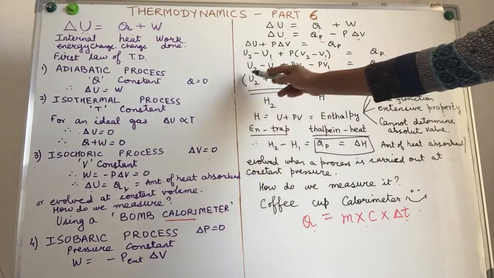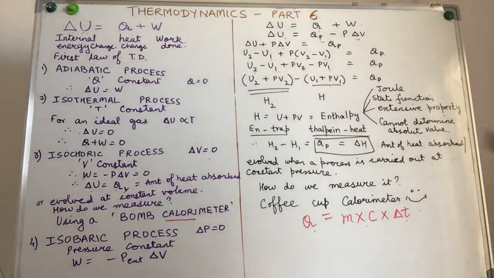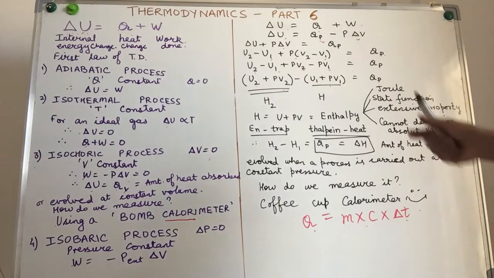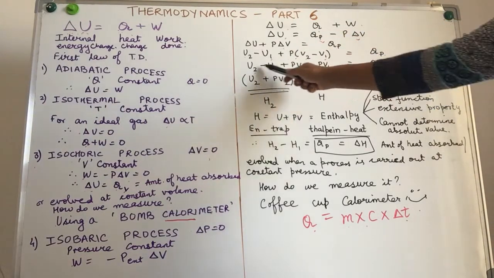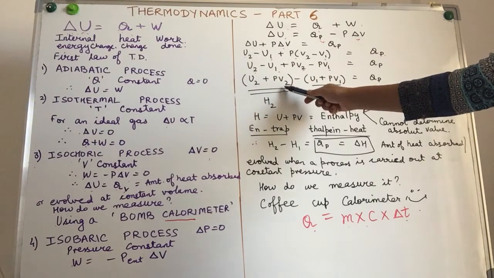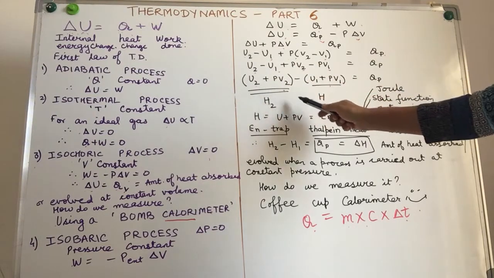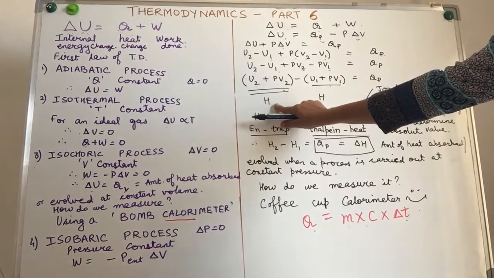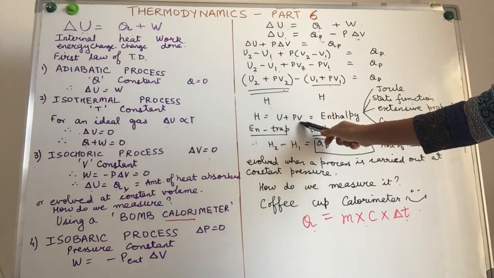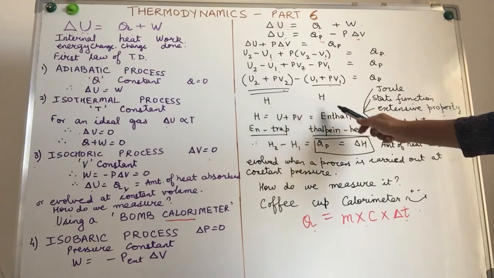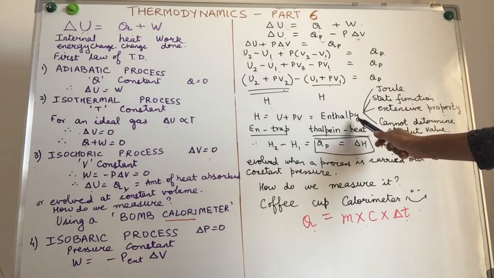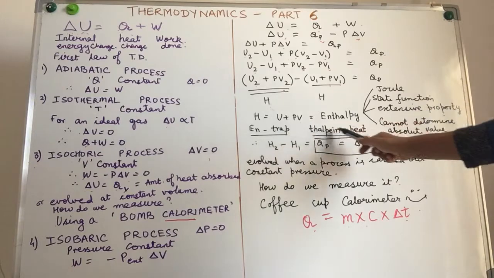Now, internal energy, again, is a state function, but just now we said we cannot determine the absolute value of internal energy. We have another state function over here, which is represented by H. So, U plus PV is another thermodynamic quantity known as enthalpy. En means trapped, enthalpy means heat.